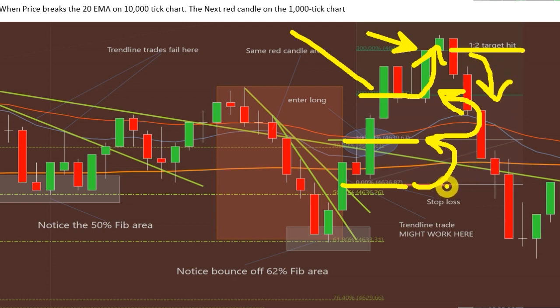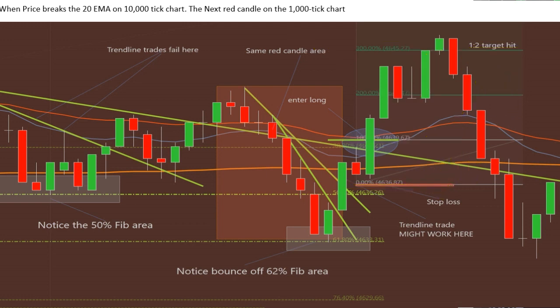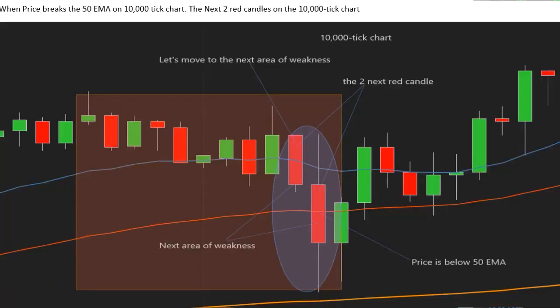There are different ways of playing it, but that's how that trade would be played. So that's a good trend line breakout using Fibonacci, trend lines, and the moving averages on higher time charts to know that we're still in a bullish trend, and this pullback is nothing to be too scared of yet, right?